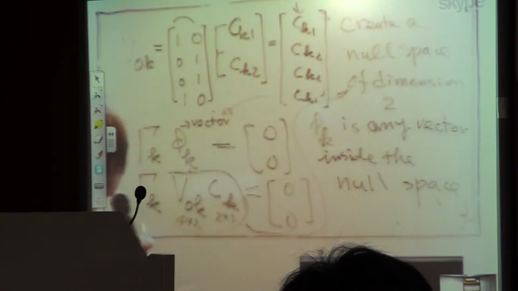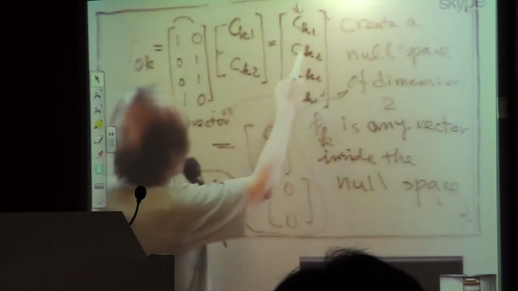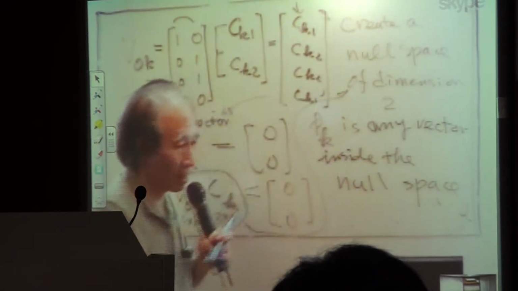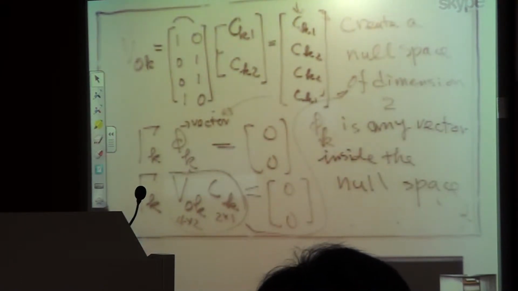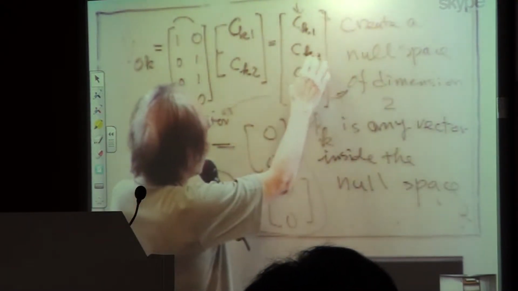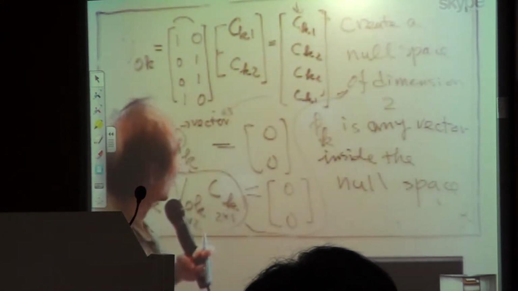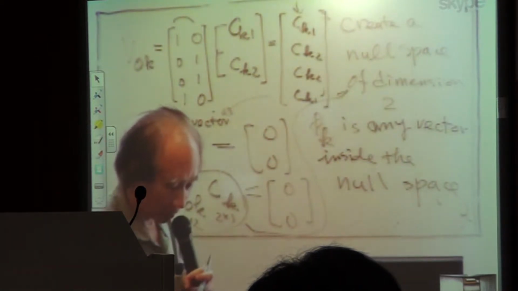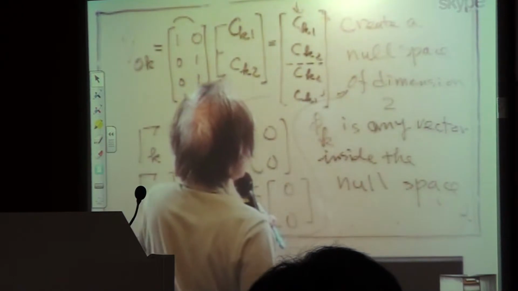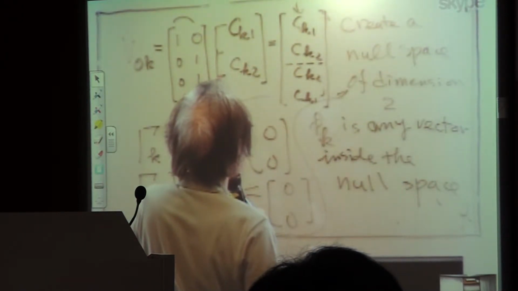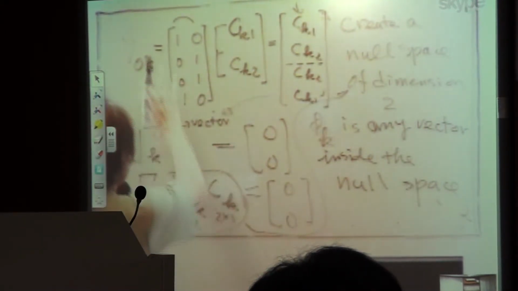Now, this phi k is like this. I have 1, 2, 3, 4 elements like this. But as a matter of fact, for this problem, half of that is for my closed-loop eigenvectors, and the other half is for the gain.